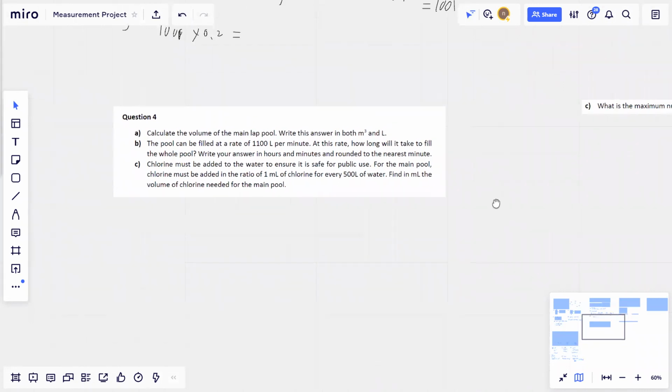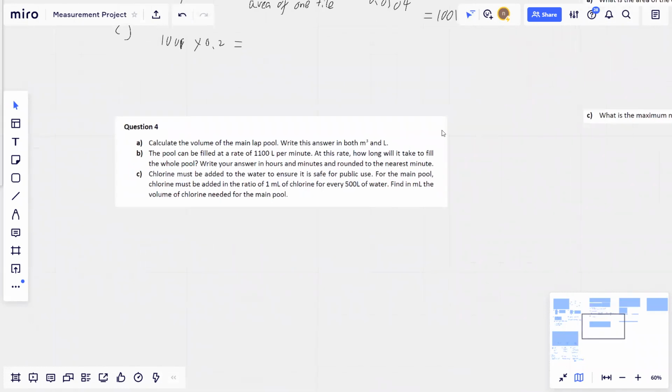Because the answers are in both units, you need to know first, for question A, that 1 meter cube equals 1,000 liters. That's something you need to know.